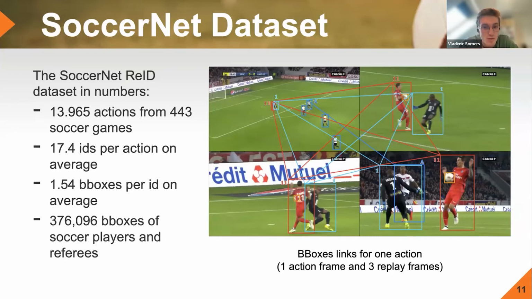And let's say we have another action from the same game, or even another game, where there is also Di Maria. Then images of Di Maria from that other action will be labeled with a different identity than the one we use in this action here. So this means that an identity label in the dataset is not global. It is only valid within the corresponding action.